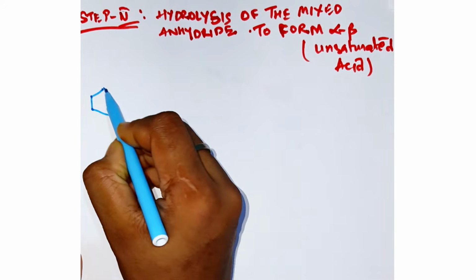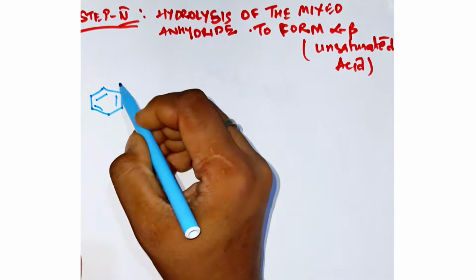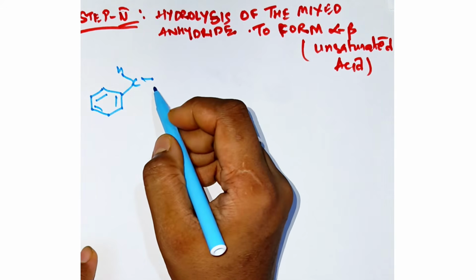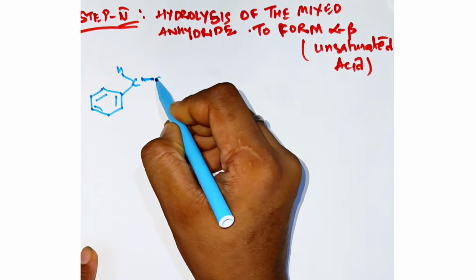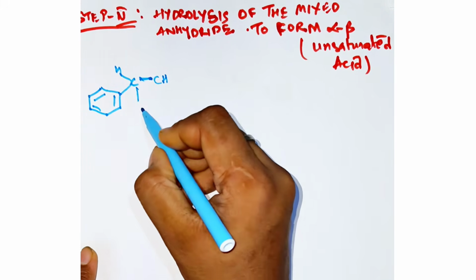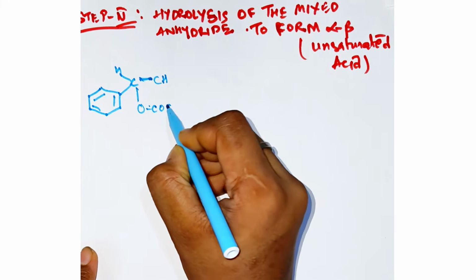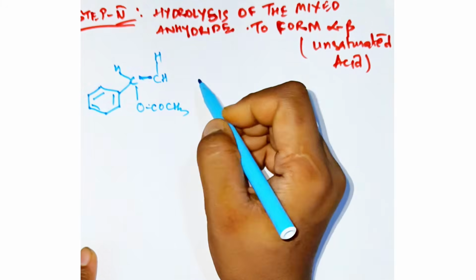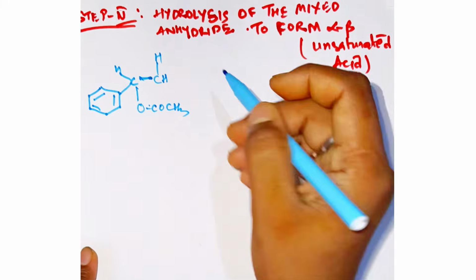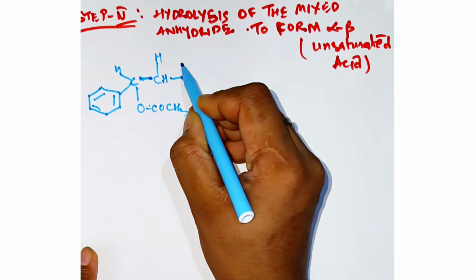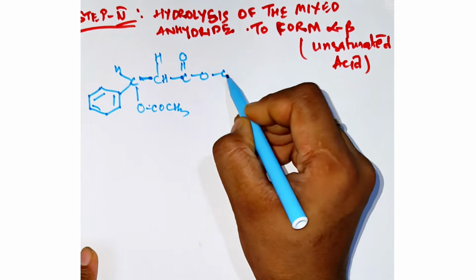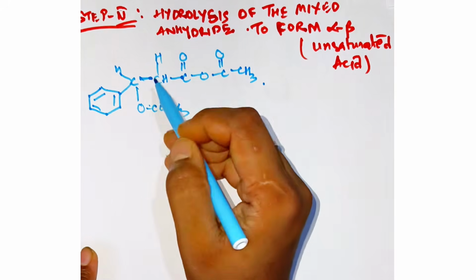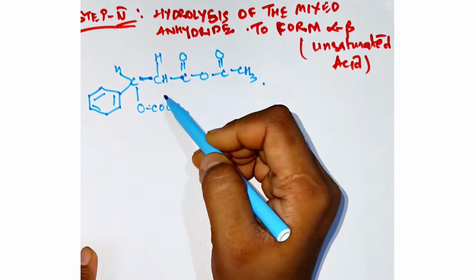So see, this is the molecule which was finally formed. O C O C H3. Here there is H. Suppose I'm writing it like this. Then you have C double bond O, O C double bond O CH3. This is the same molecule which I've written. Now see here, what is happening?